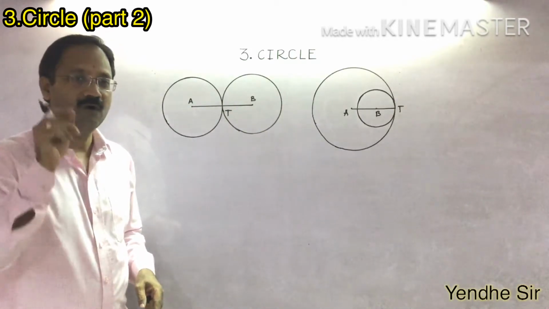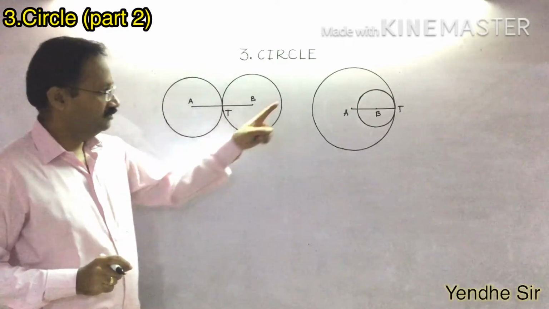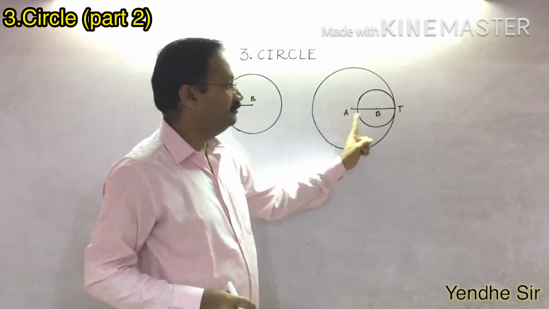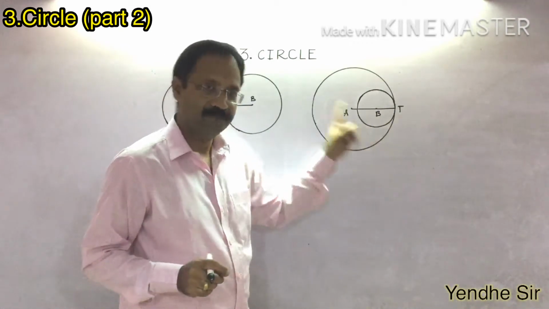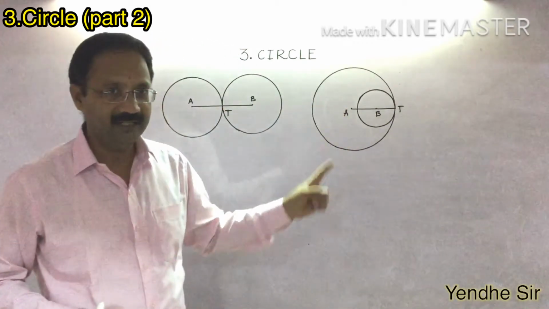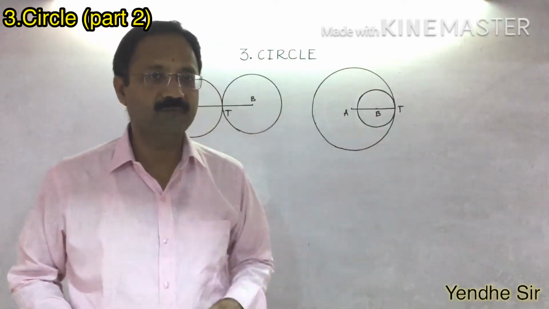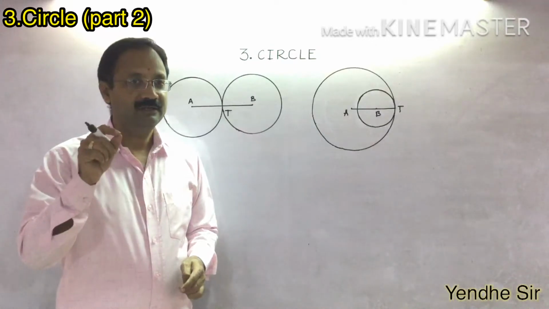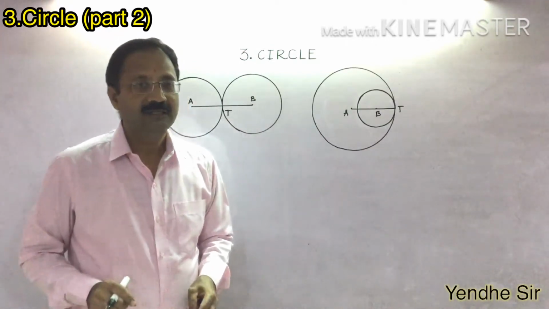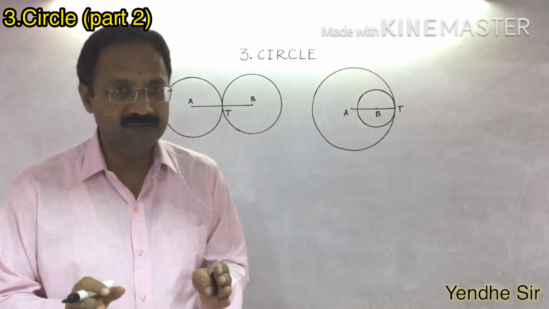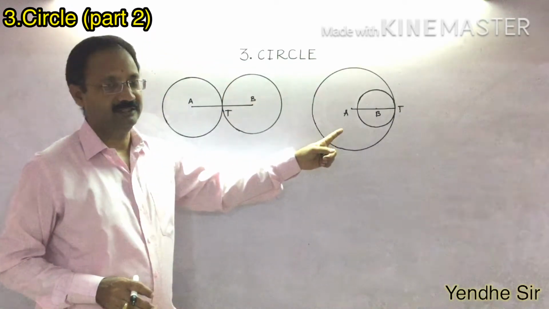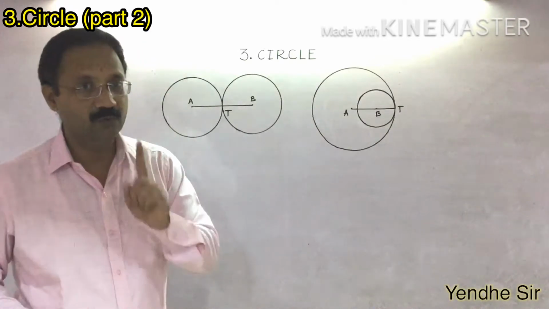It means they are on the same line. So again see here, T is the intersecting point and A and B are the centers of the circles. Again here you will find that their centers and intersecting points are collinear. It means we can say that if two circles touch externally or internally, their centers are collinear.